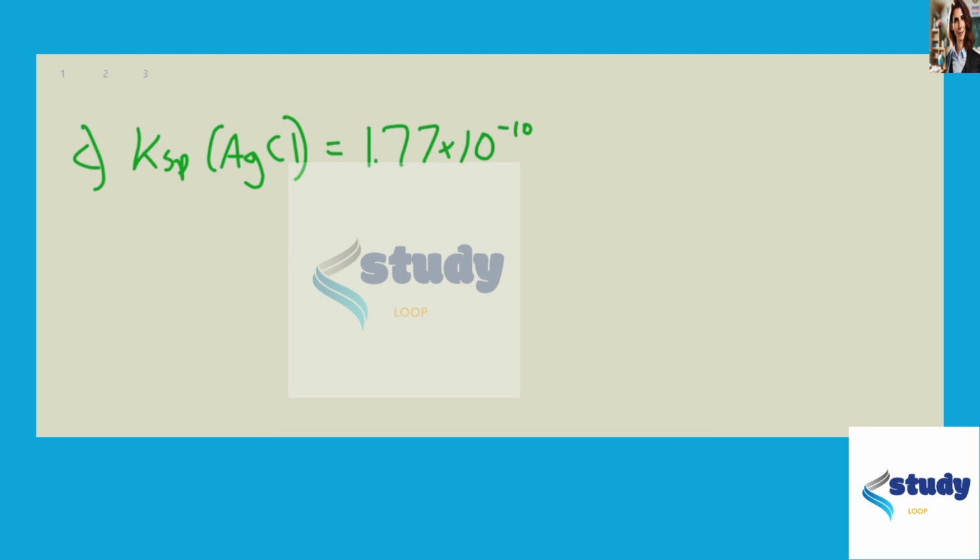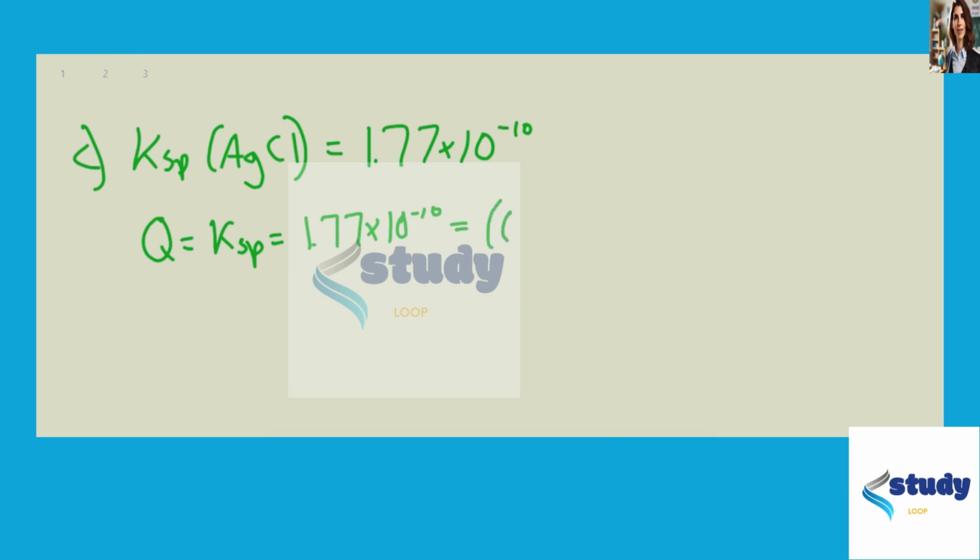And so for the last part, part C, our precipitating compound will be silver chloride, which has a KSP of 1.77 times 10 to the minus 10. We perform the same calculation. We get 1.77 times 10 to the minus 10 is equal to the concentration of silver times the concentration of chloride.